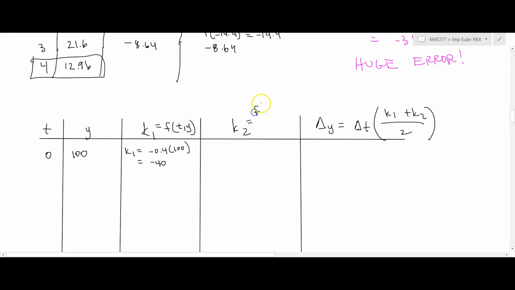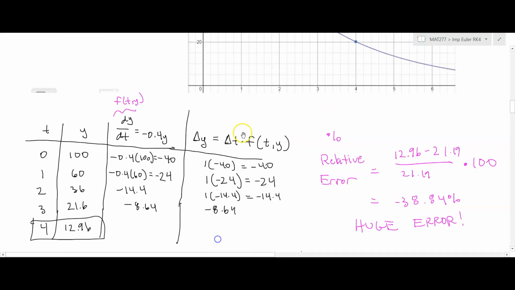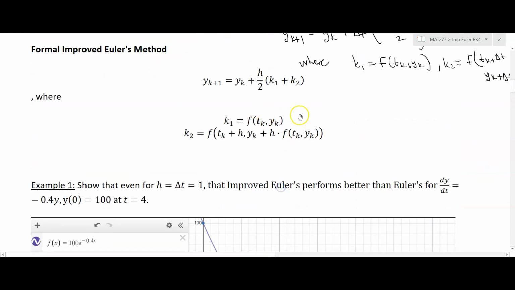If I use t and y to represent the current row, K2 is f of t plus delta t, which we're using h for, and y plus h times f of t and y.